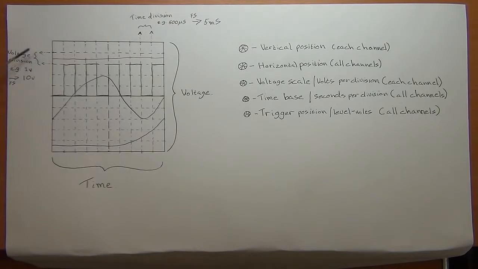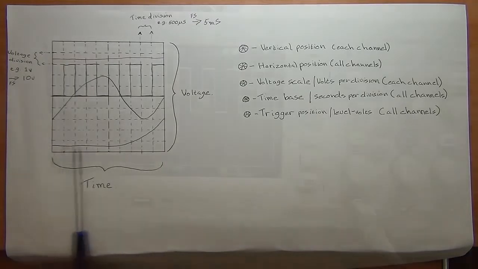In the example we're going to look at, each division is set to 1 volt per division, which means the whole screen shows a total of 10 times those divisions, equal to 10 volts. So that's just something to understand: your y-axis or vertical axis is the signal level in voltage, and your x-axis is your time.